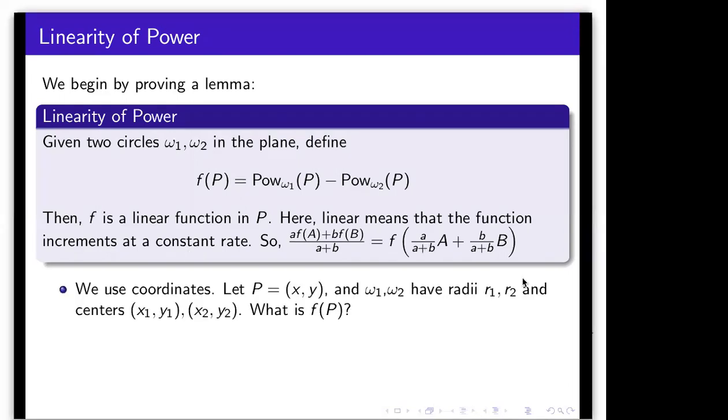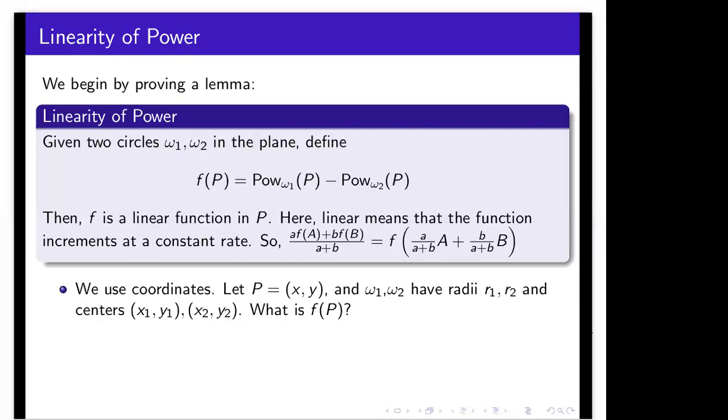If we let p be equal to xy and omega 1, omega 2 have radii r1, r2 and centers x1, y1, x2, y2, can anybody tell me what f of p is?